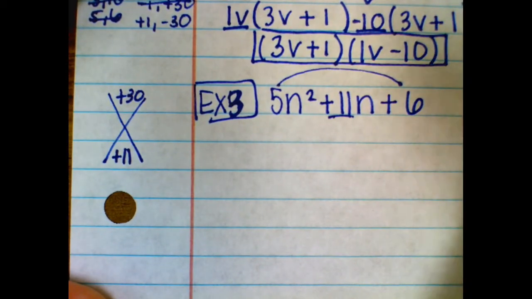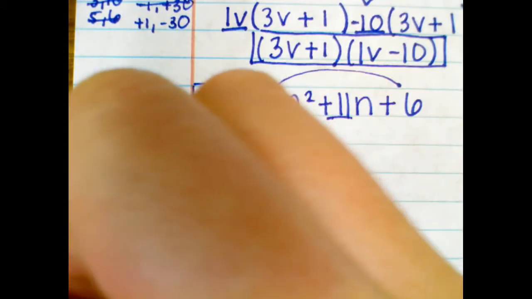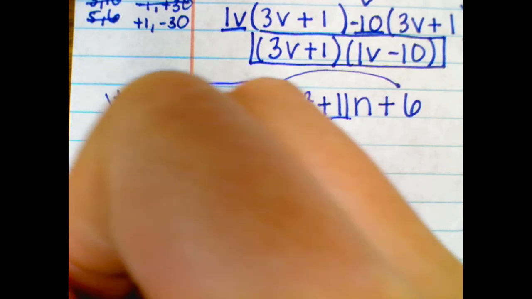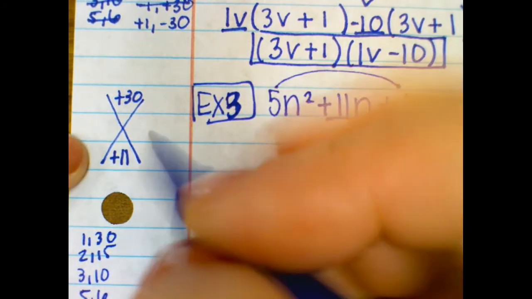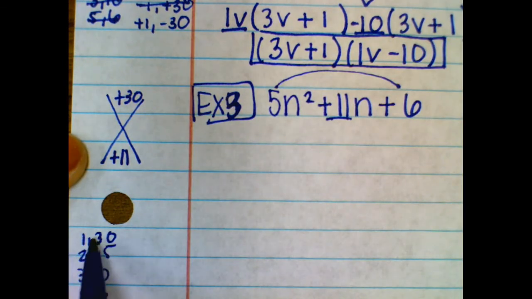Okay, so now if I think about the factors of 30, 1 and 30, 2 and 15, 3 and 10, and 5 and 6, you definitely know that these ones are too big. 30 and 31, that's too big. I need 11. This is 13 if I subtract. This is 7. And then 13.